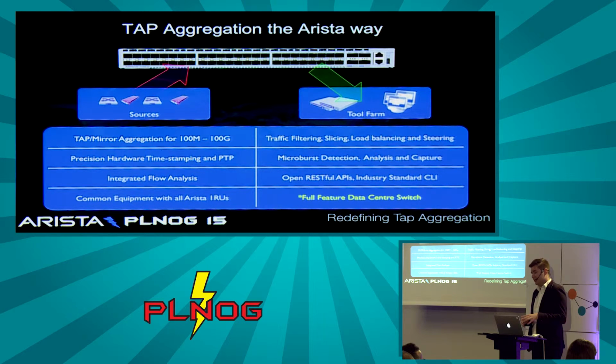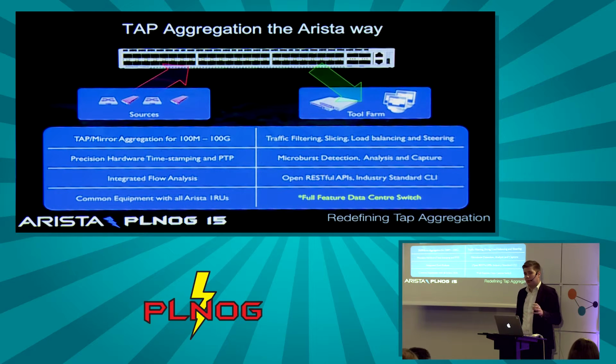But not only that, there's a wide set of features we can do on the box using that custom silicon. To use some examples, we have hardware timestamping. Using a precision oscillator on the device, we can apply an extremely accurate timestamp to each packet at wire speed. We can do a wide range of traffic filtering, slicing, truncation, load balancing, and so on.